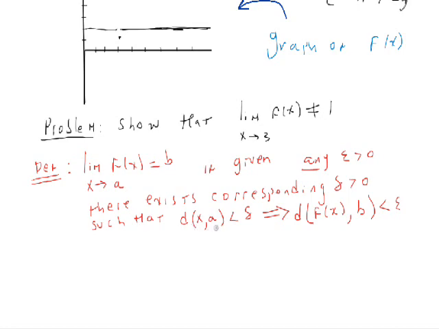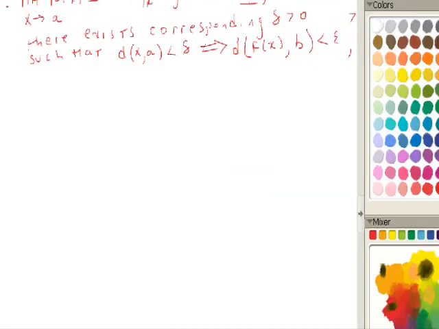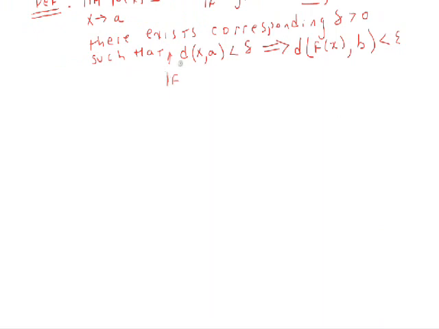such that if the distance between x and a is smaller than delta, then that immediately implies that the distance between f of x and b is smaller than epsilon.